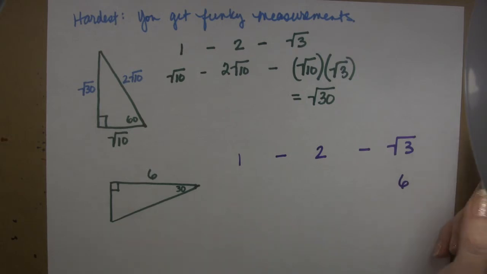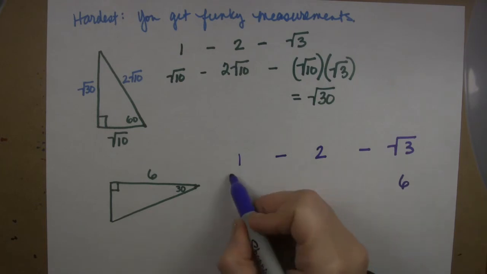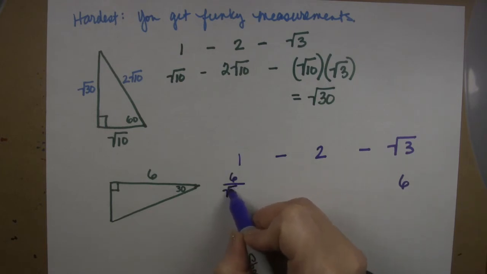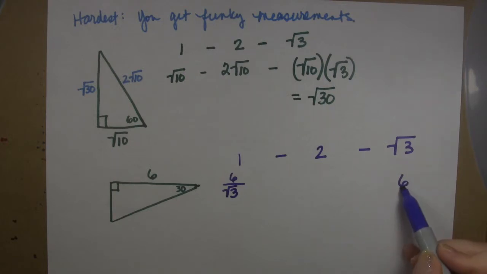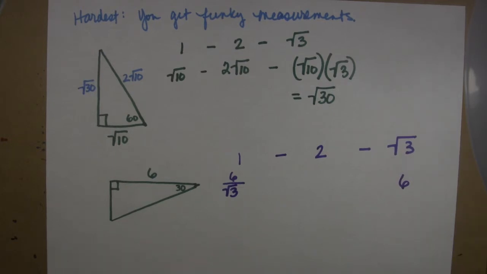All right, so now the 1 is going to be 6 divided by root 3. Okay, and then remember, we talked about how this is ugly. Mathematicians hate radical signs in the denominator.